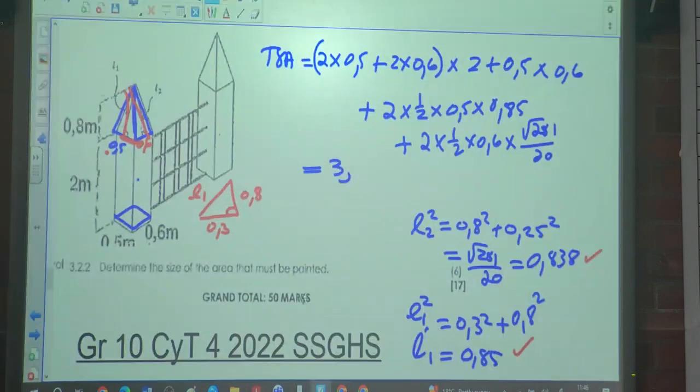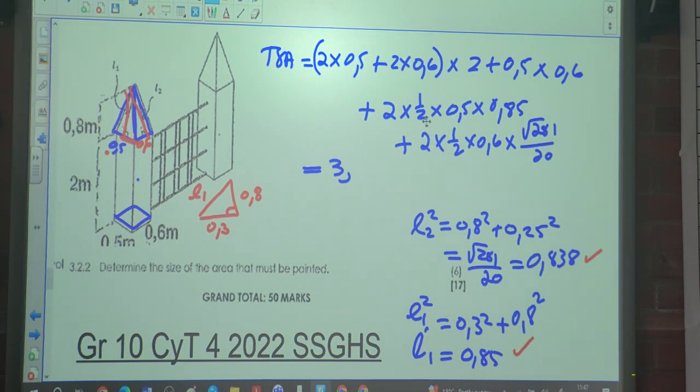So if I'm going with that, it's going to give you 0.25. So we're going to go perimeter of base, so it's going to be twice 0.5 plus twice 0.6, times height, plus twice the area of base. Your height is 2 meters plus the area of base, which is 0.5 times 0.6, plus twice. Now this area here is going to be a half, base times height.